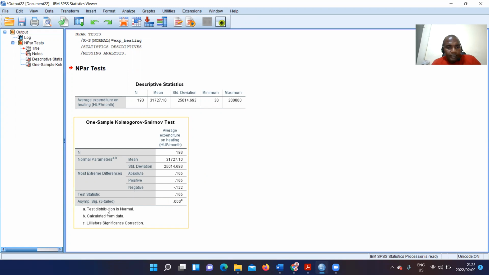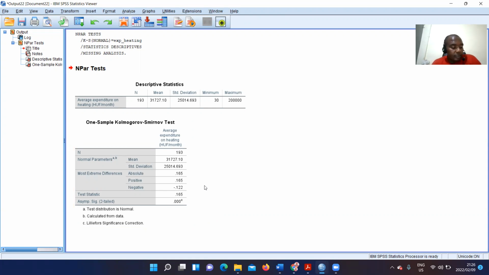And the test distribution is that this variable, average expenditure on heating, follows a normal distribution. The asymptotic significance two-tailed probability of the calculated statistic is 0%, which is lower than our critical probability of 5%.